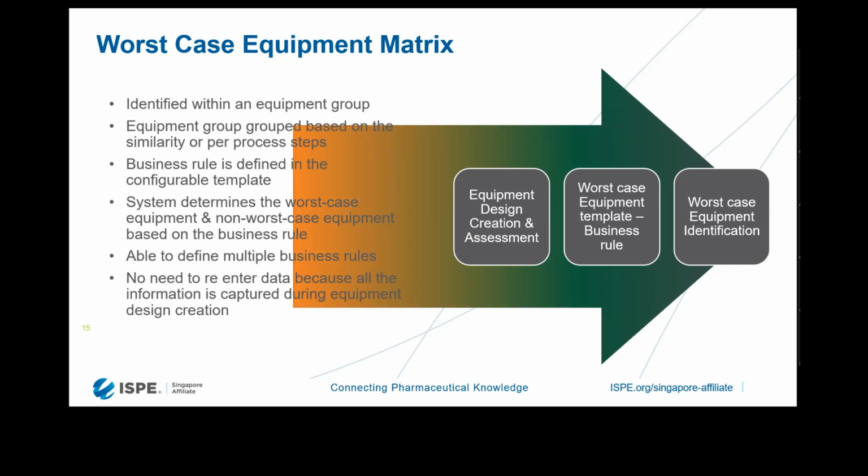Earlier, I gave you the example: let's say there are 10 blenders and 100 products. Would you manufacture each and every product on each and every blender and perform cleaning validation? 100 products, 10 blenders, 3 cleaning validation runs. What is the validation effort? X number of resources, lots of money, lots of time.